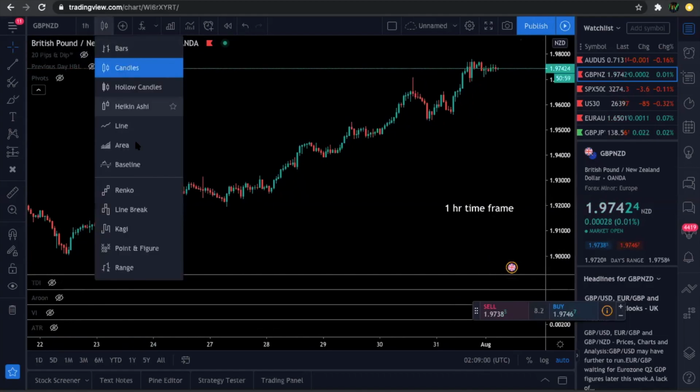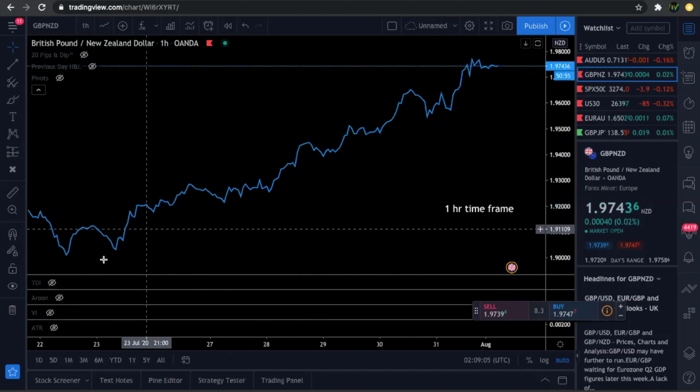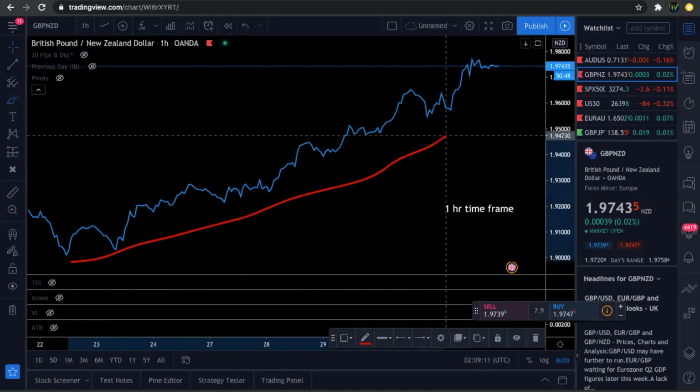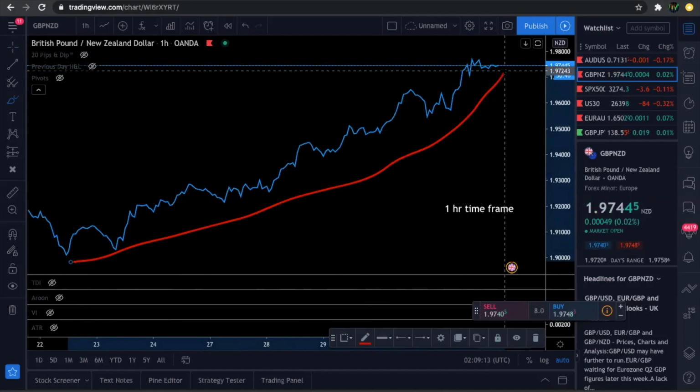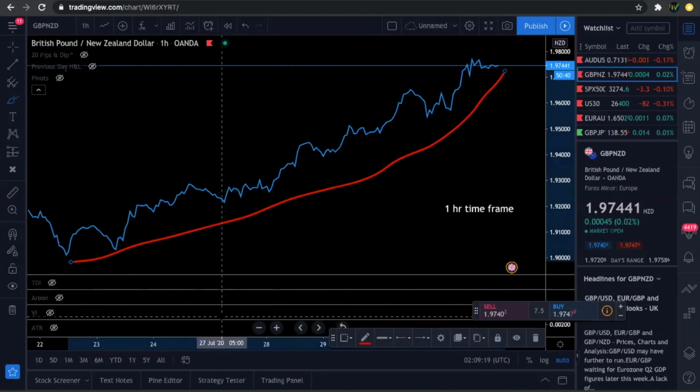If you don't understand candlesticks, you can see on a line chart it's just going up, right? It's been going up for a little while now, probably a couple weeks.